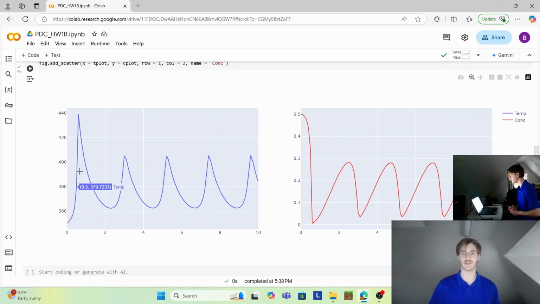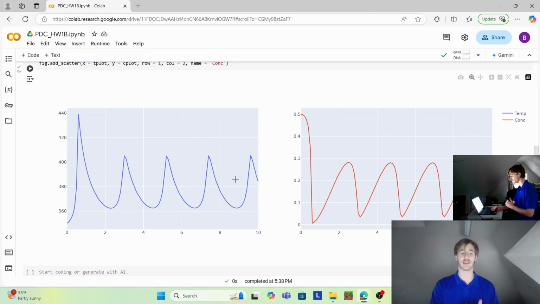As temperature rises, the reaction rate also increases. Reaction rate increasing means that the concentration falls, but also that temperature increases even faster because the reaction produces heat. Once the concentration gets low enough, there's not enough reaction going on to keep the tank at a high temperature, so temperature begins to fall.